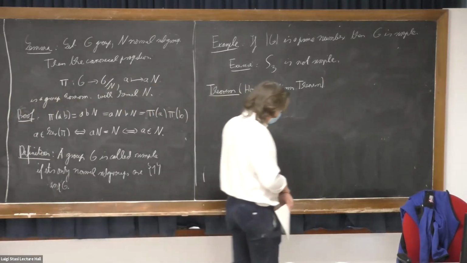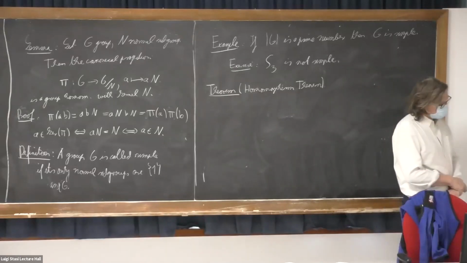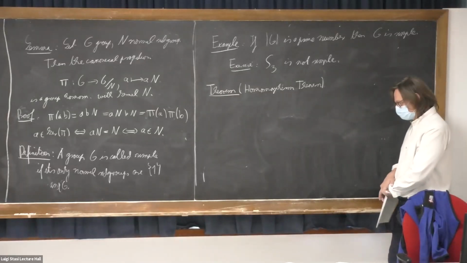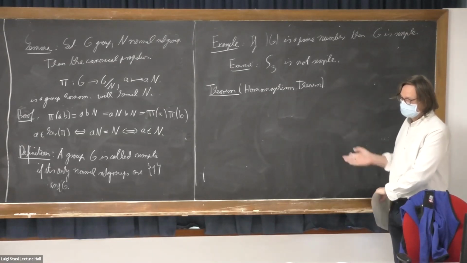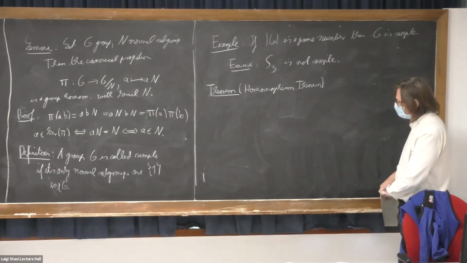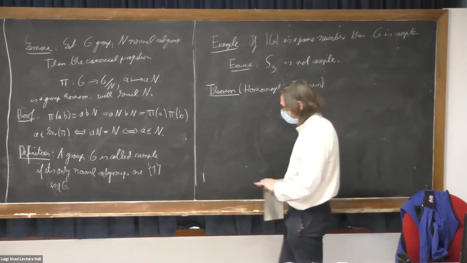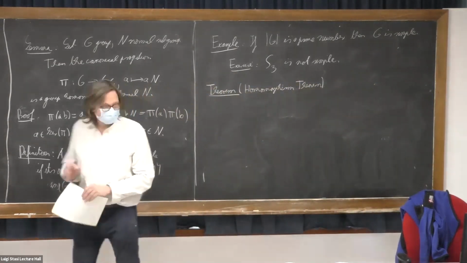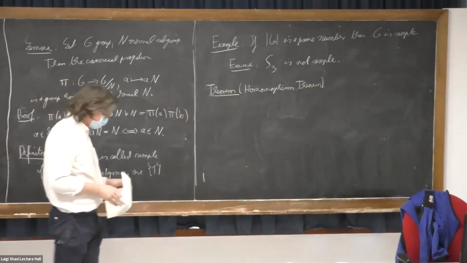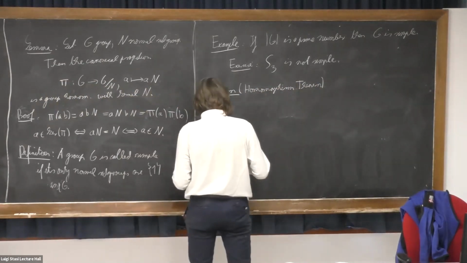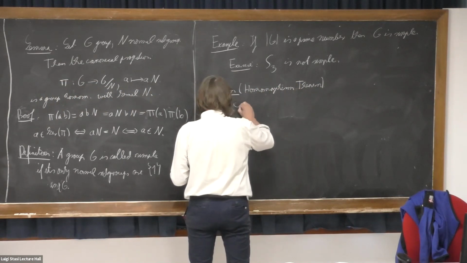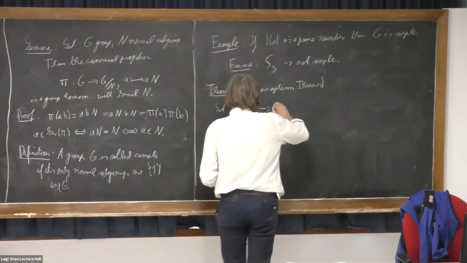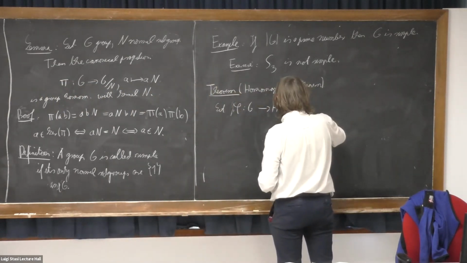So up to isomorphism, every surjective homomorphism is just dividing by a normal subgroup. And this is very often used to simplify some problems. So let's say P from G to H is a surjective group homomorphism.